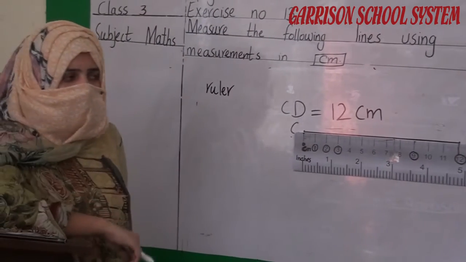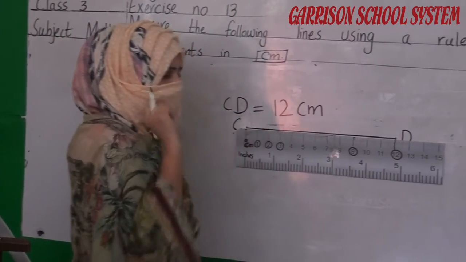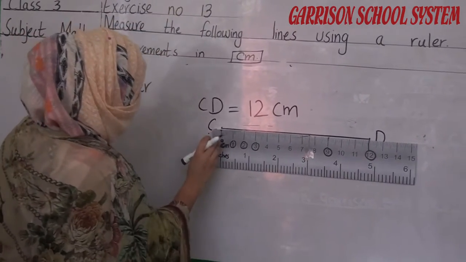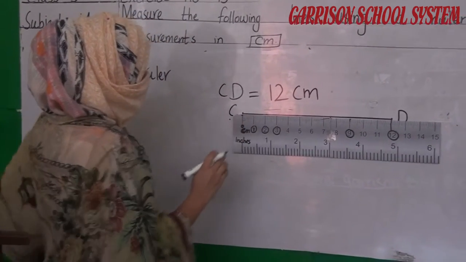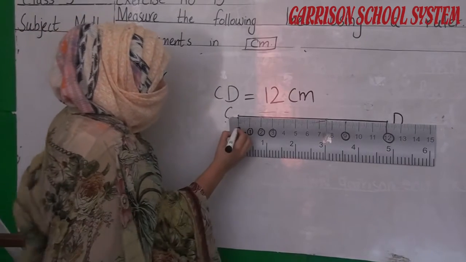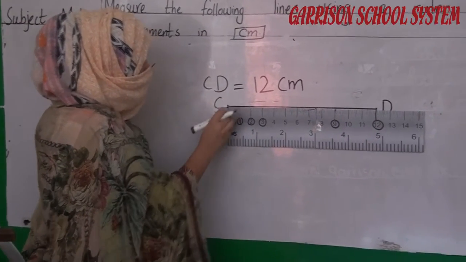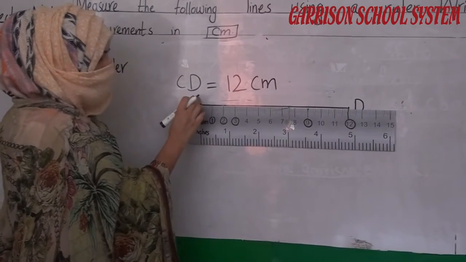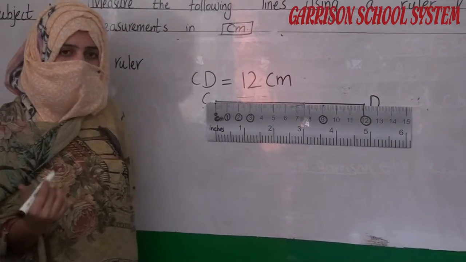Understand students? Again I am telling you, when we have to measure anything, we have to put the starting point of our starting number. I have told you the first number is 0. We have to put the first number at the start of the line, of any object which we are going to measure.